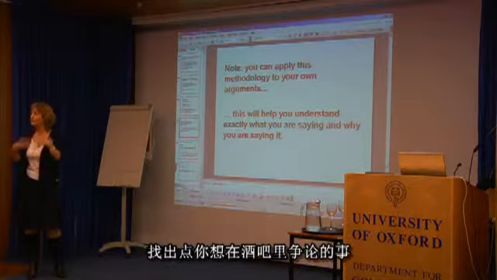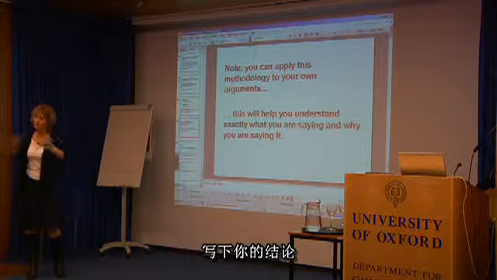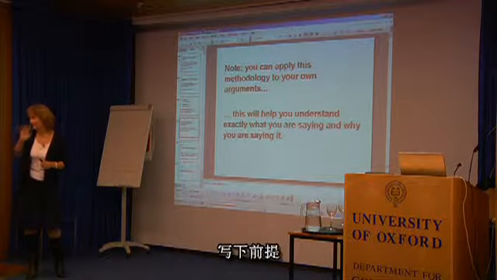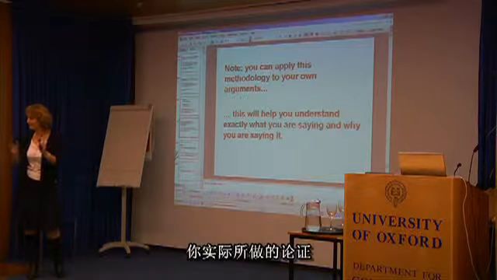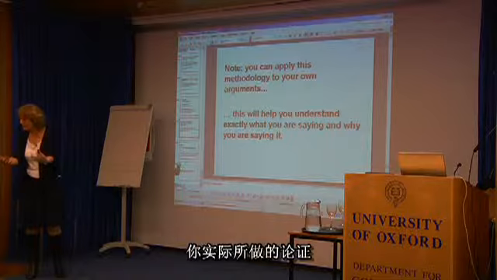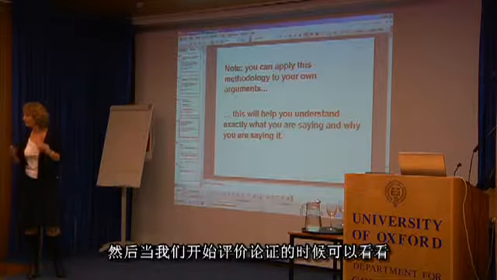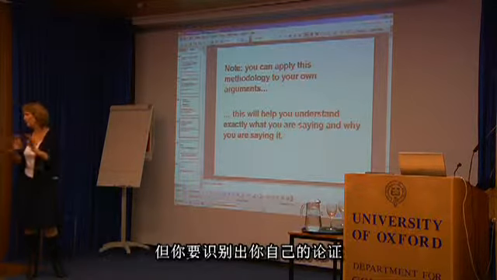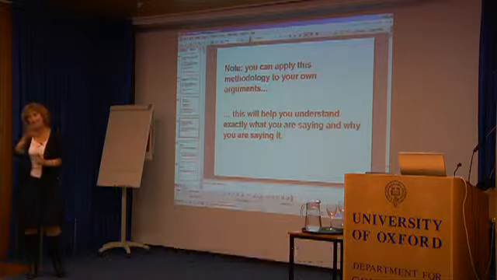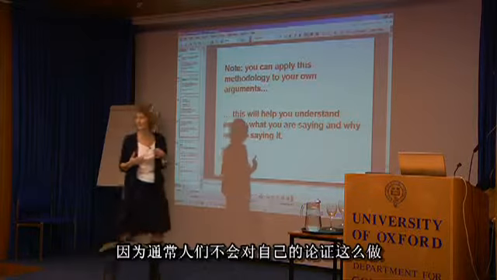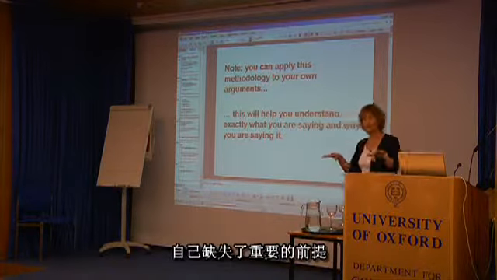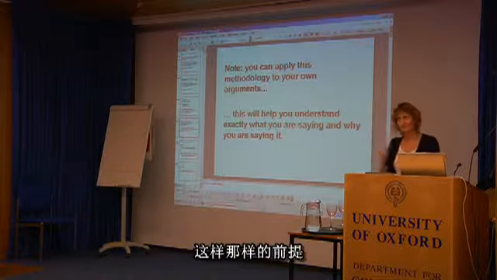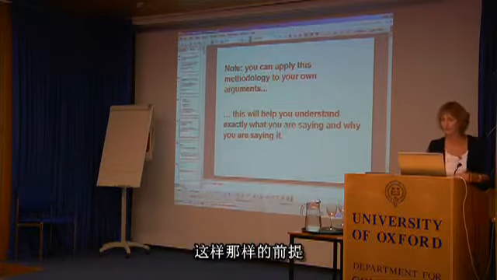Anyway, find something for which you like to argue in the pub, write down your conclusion and write down your premises, and try and make the argument you actually give, so that then when we start evaluating arguments we can look at it. But you will have identified your own argument and set it out logic book style, because people often don't do that with their own arguments and therefore don't see that they're missing out a huge premise, or that this is happening or that's happening, or whatever.